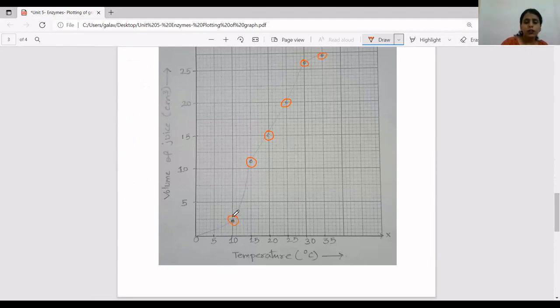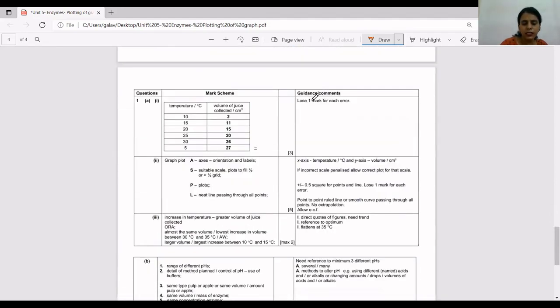So 1 mark for proper orientation and labeling of axis with the unit. The 2nd mark for choosing a simple and proper scale. The 3rd mark for plotting of the points, and the last mark is for joining these plots. You can join these plots in 2 ways, as given in the marking scheme.